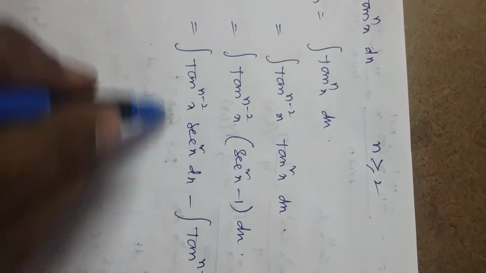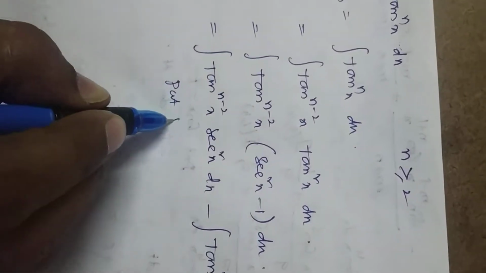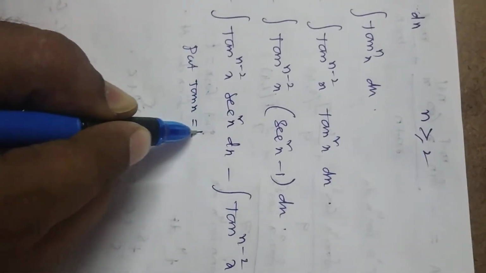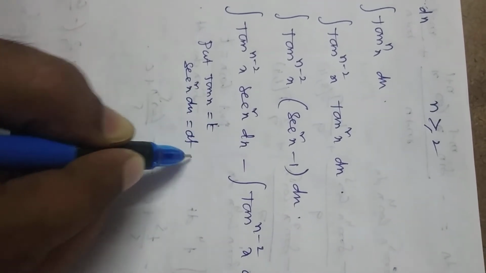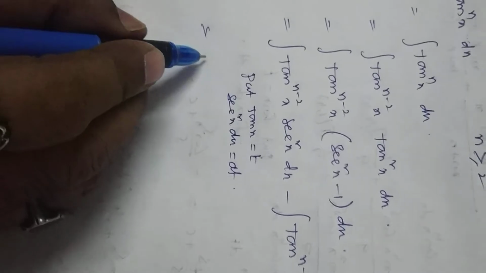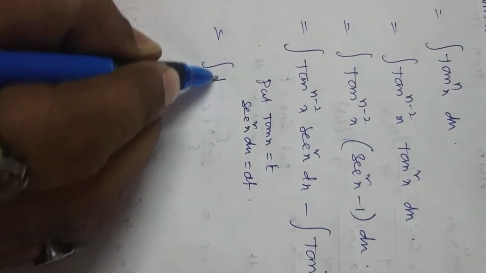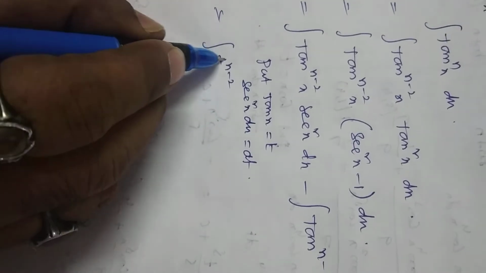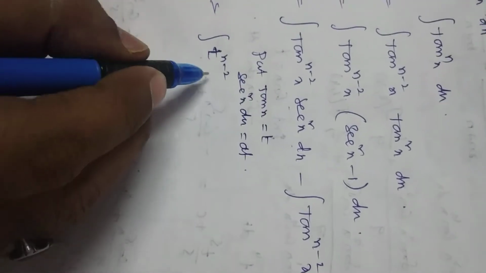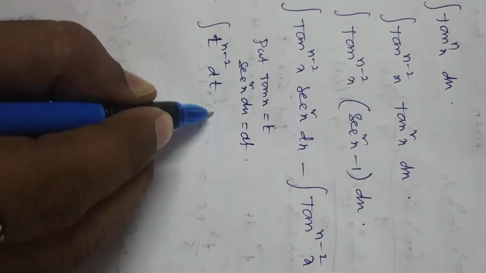Now here, in this integration, put tan x is equal to t. Tan x is equal to t means secant square x dx is equal to dt, I will get. So this integration will be like t^(n-2) into secant square x dx, which is equal to dt, minus this one.